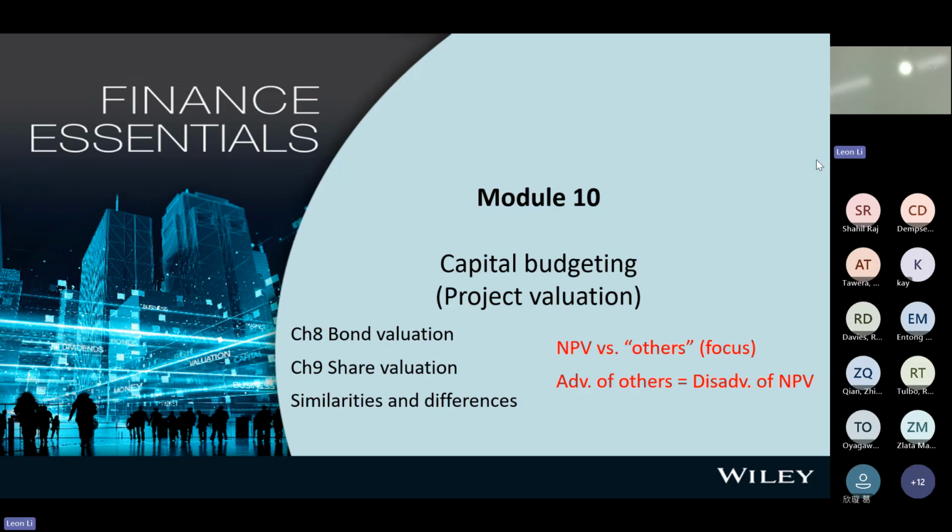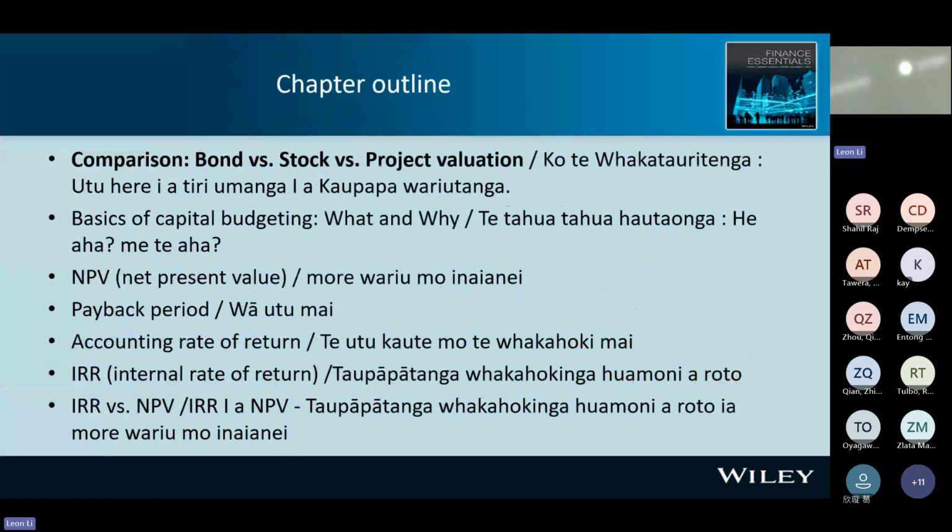So let me follow my slide. Chapter outline. We have several topics for today's lecture. I hope I can cover the first 4 topics. The first topic is a comparison of bond, stock, and project valuation.